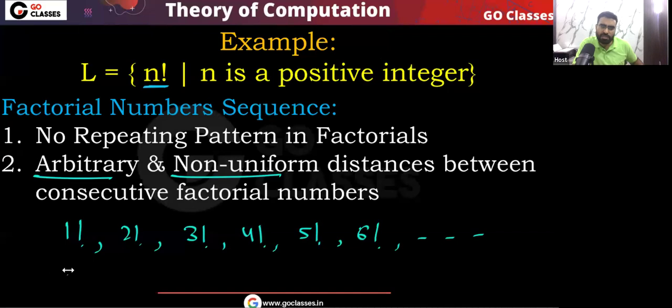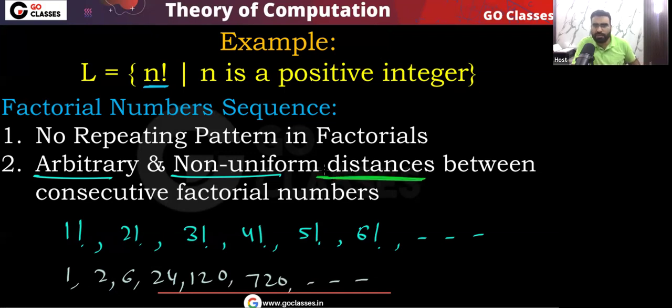Can you notice? It's like 1, 2, 6, then 24, then 120, then 720. You can easily see there is non-uniform, arbitrary distance between consecutive elements, and there is no repeating pattern also. So this n factorial will also be non-regular.